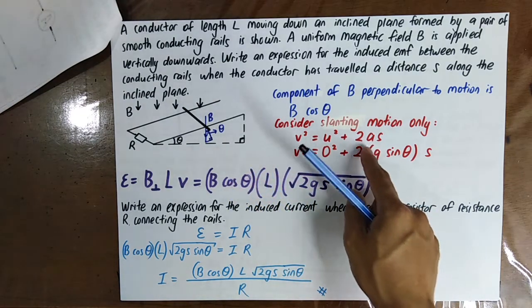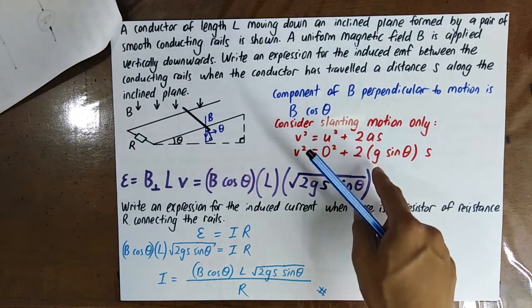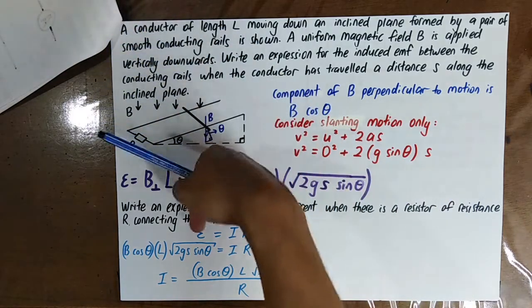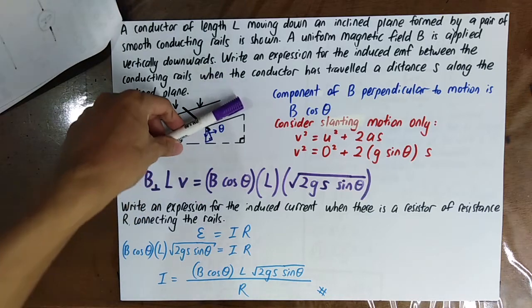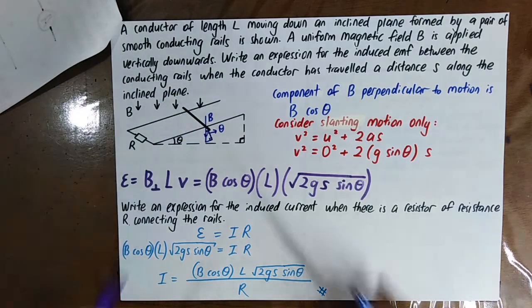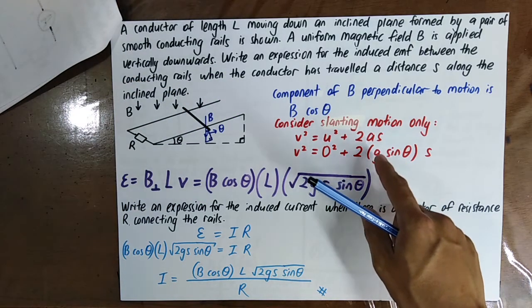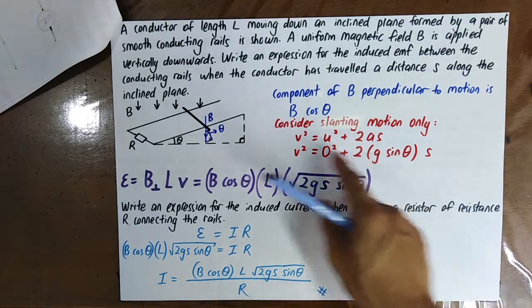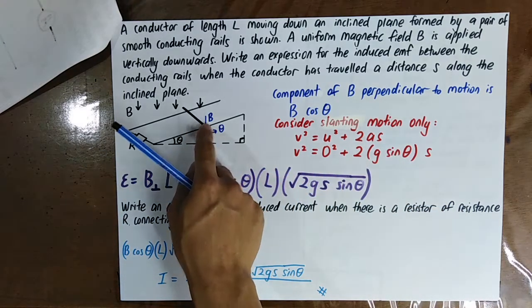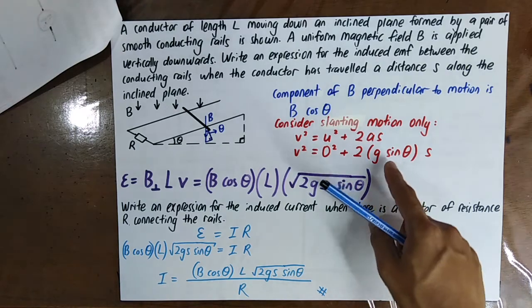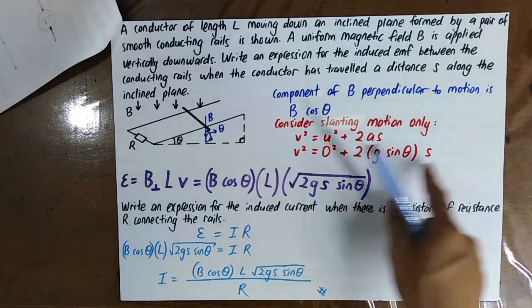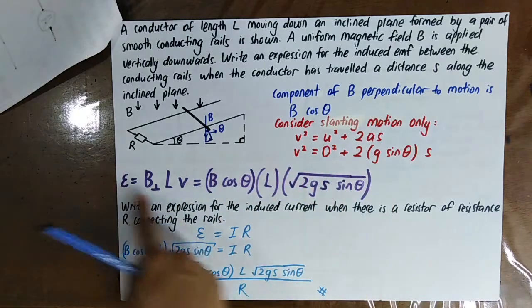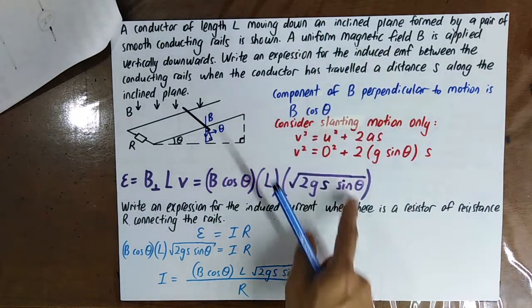The gravitational acceleration g acts downward, so you have to resolve it along the inclined plane. g sin theta is the acceleration along the inclined plane, so g sin theta is your a. So you can express V in terms of this, and this is the expression for your induced EMF.